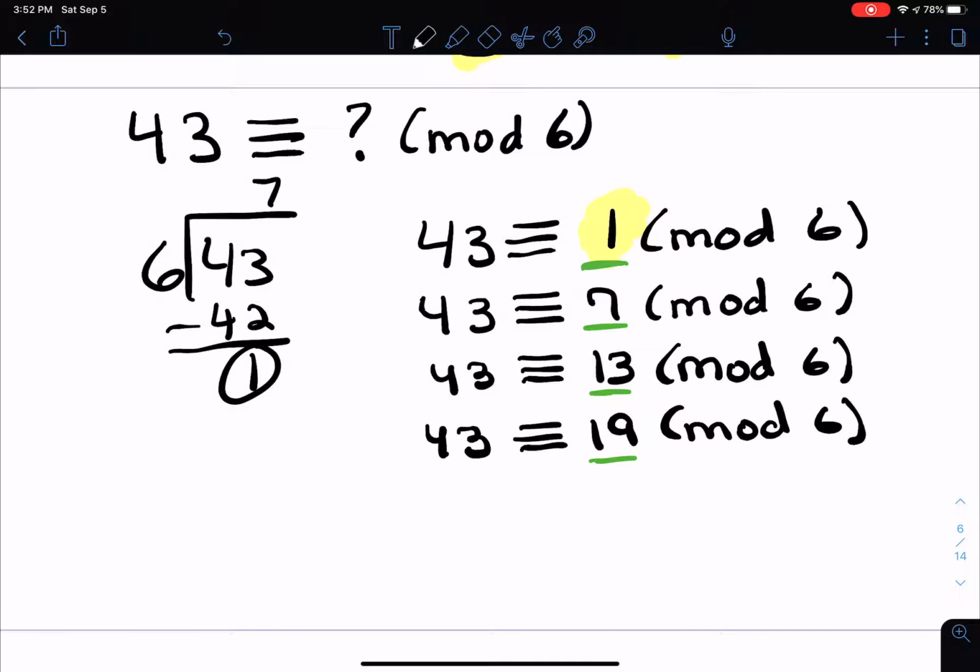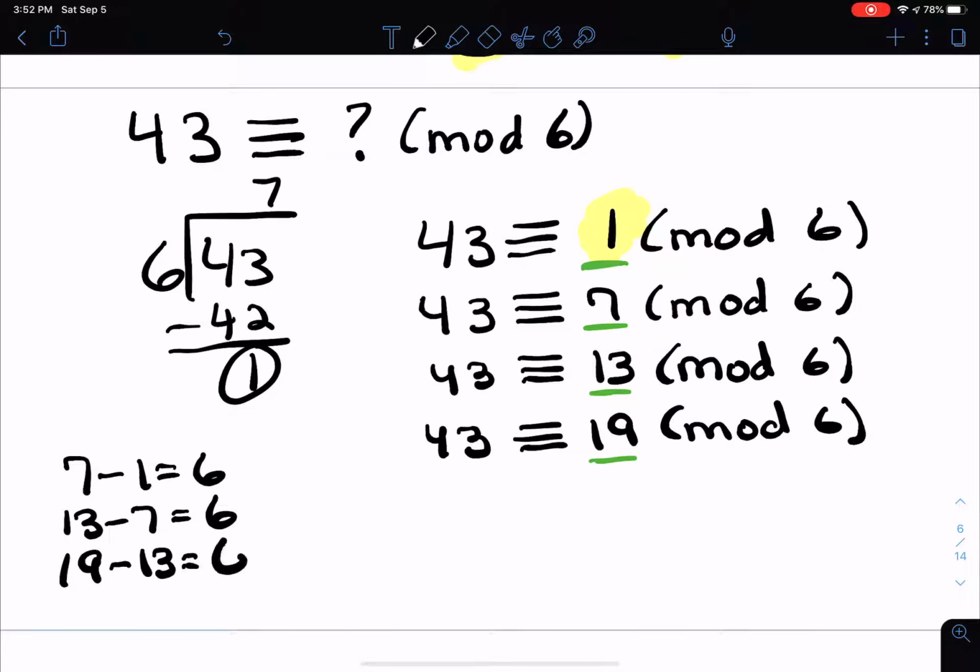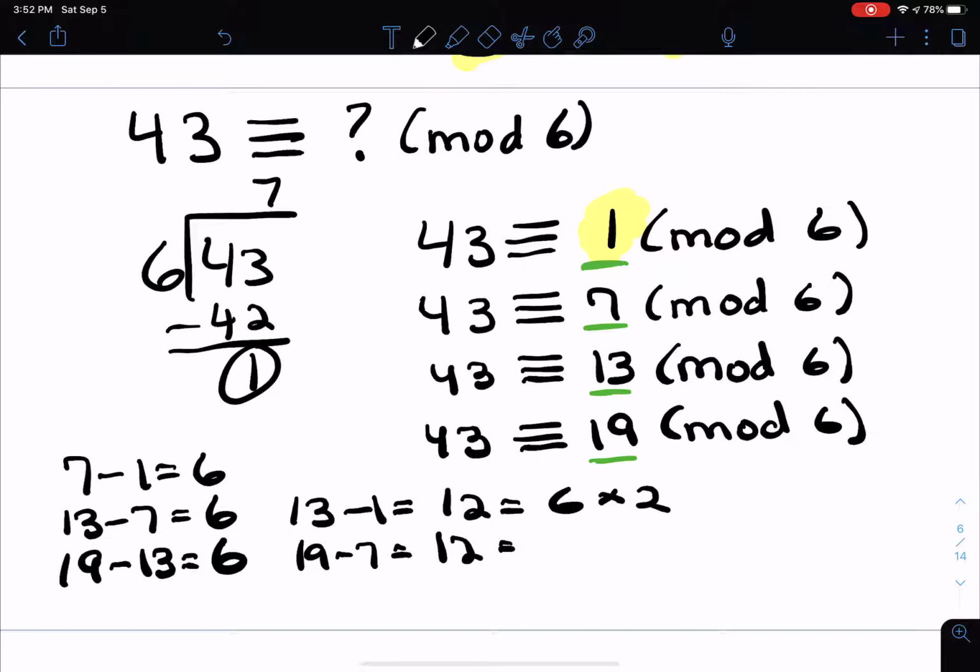Like if you do 7 minus 1, that's 6. If you do 13 minus 7, that's 6. If you do 19 minus 13, that's 6. If you do 13 minus 1, that's 12, which is 6 times 2, the multiple of 6. If you do 19 minus 7, that's 12, which is also a multiple of 6, 6 times 2.